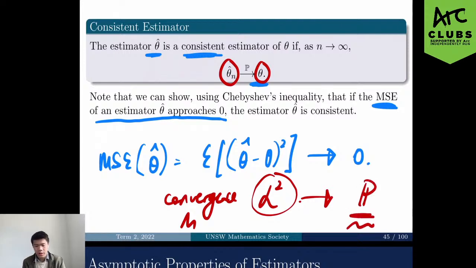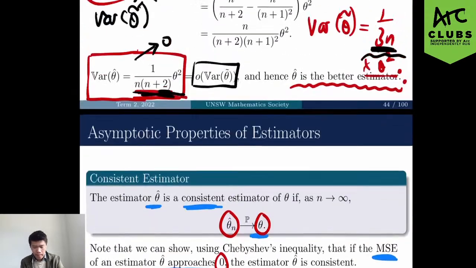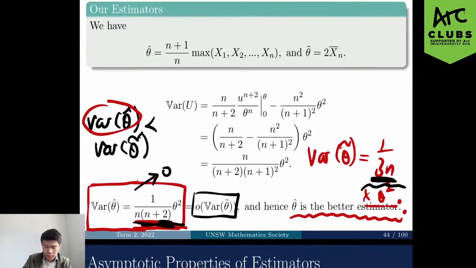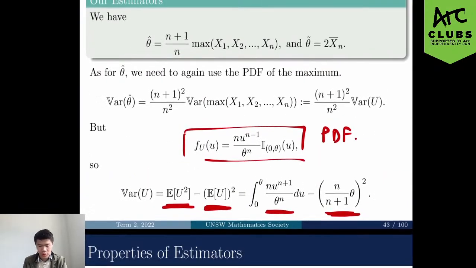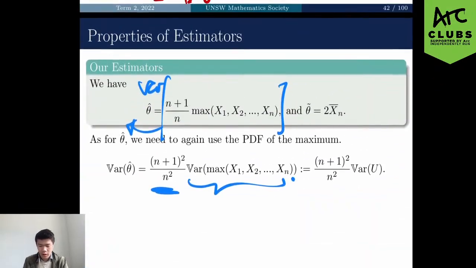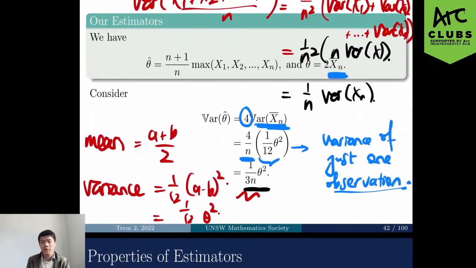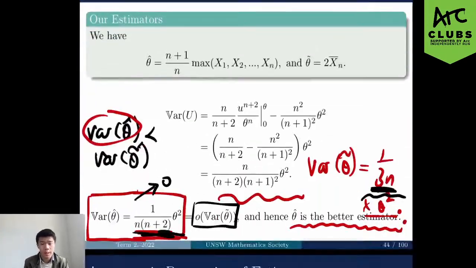So an alternative way, if you don't want to do convergence in probability, is to show that the MSE approaches 0. So for example, looking at this, this approaches 0, and also the other one approaches 0. Basically, both of the variances of the estimators we just talked about both approach 0, so it means that they're also both consistent.